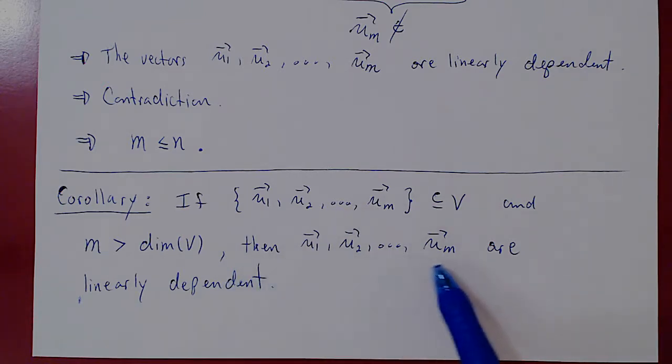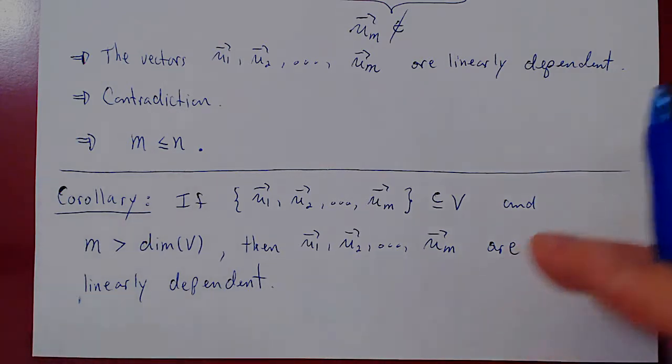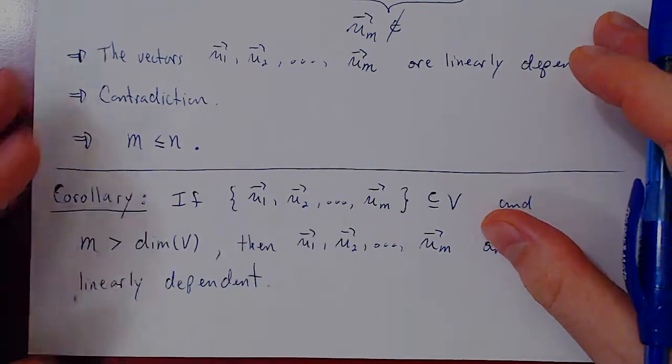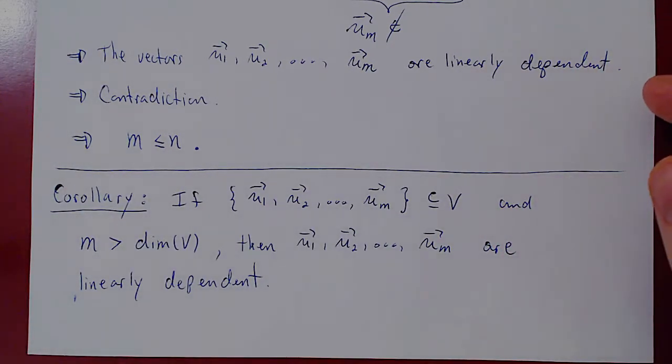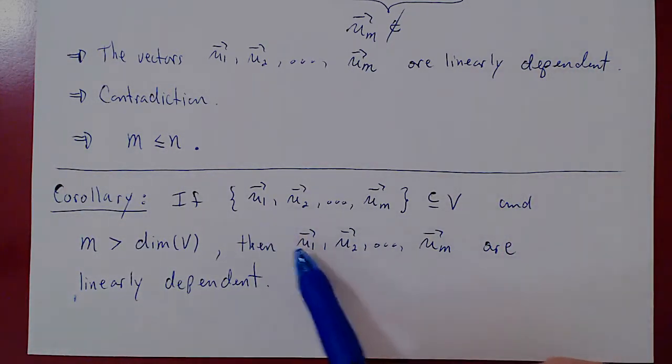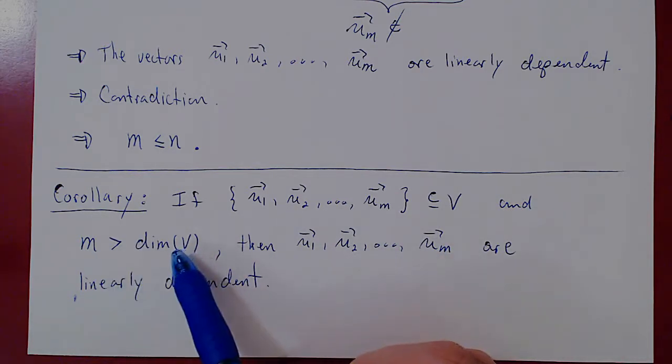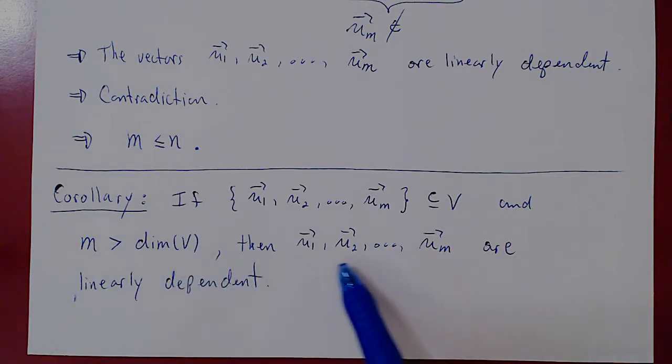Automatically, these m vectors are linearly dependent. Let me give you a simple yet non-trivial example of this result. So always keep this in mind. If you have vectors, and you have more vectors than the dimension of your space, there is no work to be done. The vectors are automatically linearly dependent.